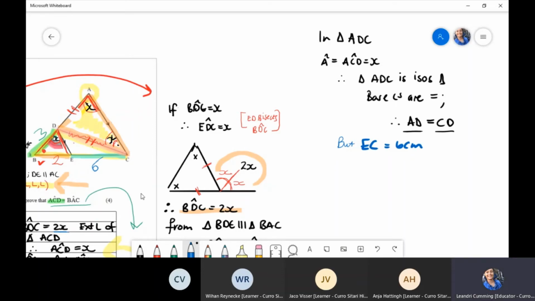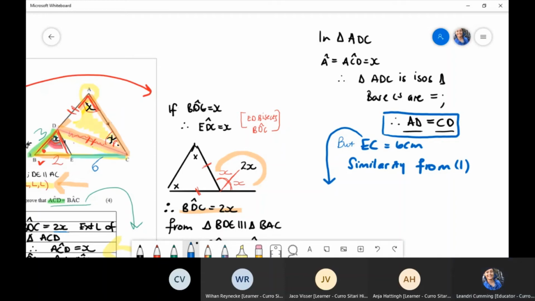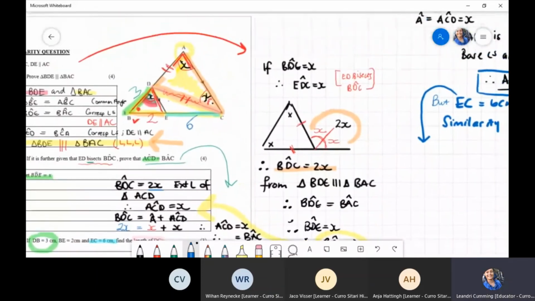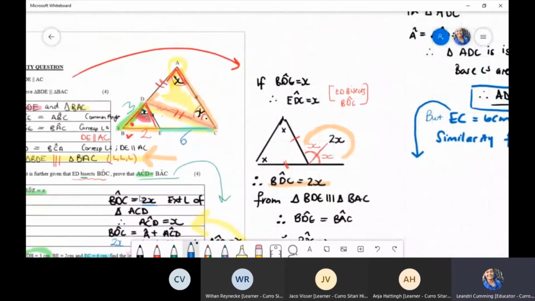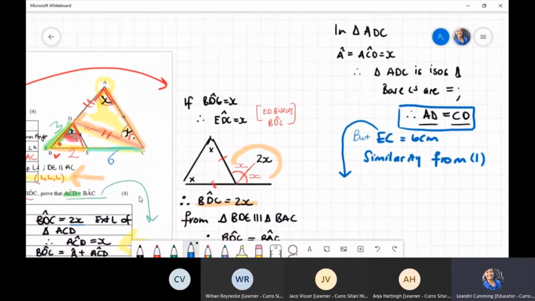And if I use my similarity from the first question, then I'm going to use EC and these lengths right here to help me find the length of DC, okay? Because DC would be the same length as AD.